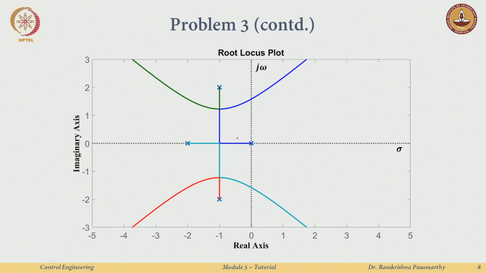So, this guy comes here, goes here, this guy goes away here, this guy goes away here, this point is 1.58, this point is minus 1.58, again this guy here, here, this and this.